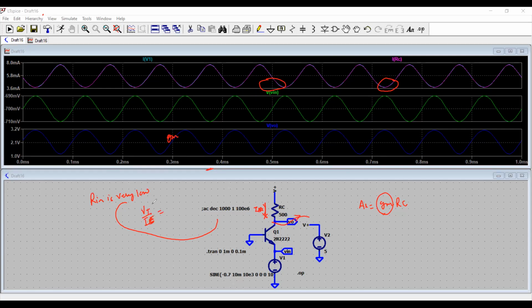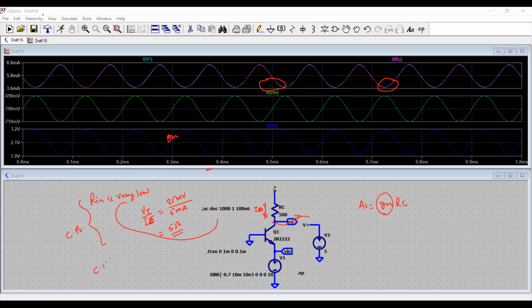So VT is your thermal voltage. Let's say it is 25 millivolt at room temperature, and the IE is, we see, approximately 5 milliampere for this circuit. So it's about just 5 ohm, right? So this is for the common base circuit.